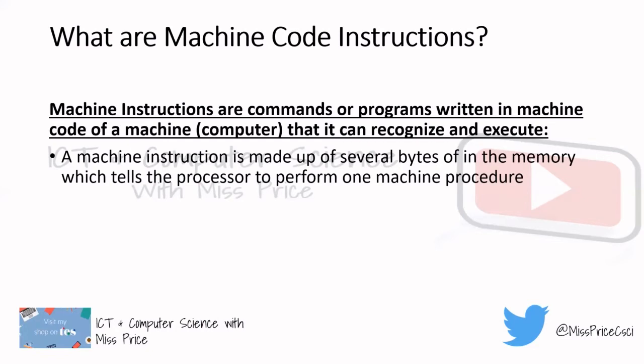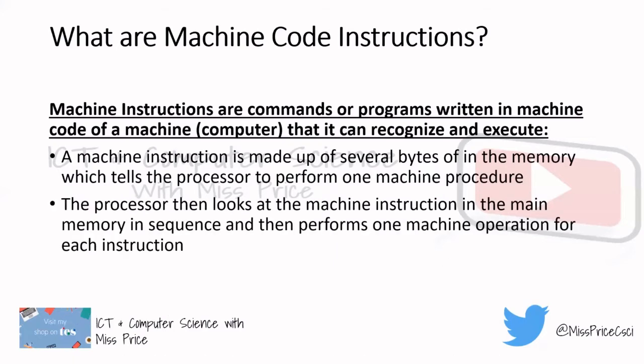It's made up of several bytes of memory, and it tells the processor to perform one machine procedure, so one instruction at a time. The processor looks at the machine instructions in the main memory in sequence, and performs one machine operation for each instruction at a time. Obviously these instructions have to be sequenced, to stop a bottleneck, or one thing happening before the other.